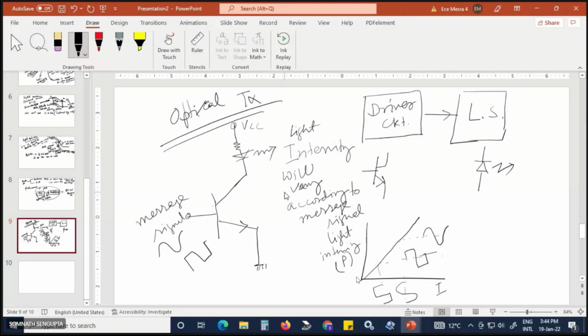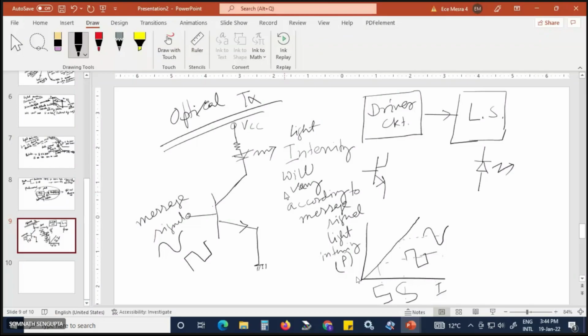With a wide depletion layer, the capacitance gets reduced, the time constant gets reduced, and it will be fast. Bandwidth will be more.